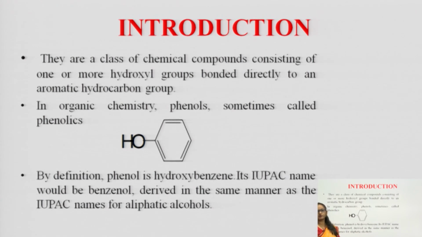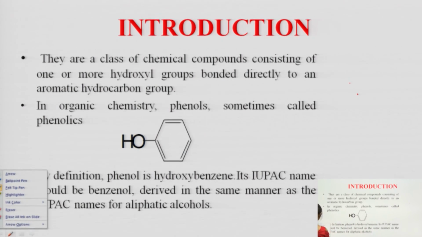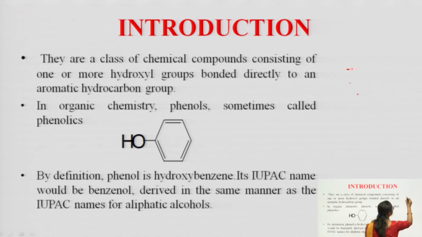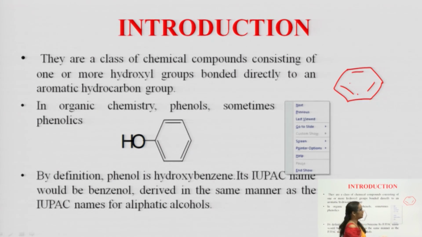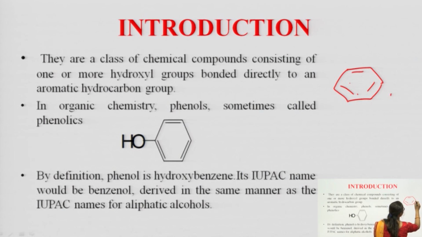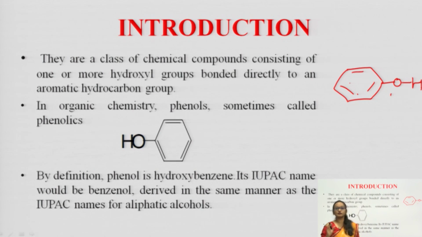If we talk about phenols, we can classify phenols as organic compounds. See, this is benzene, an aromatic compound, to which an OH group is attached, because we all know that an alcohol is a compound having an OH group.